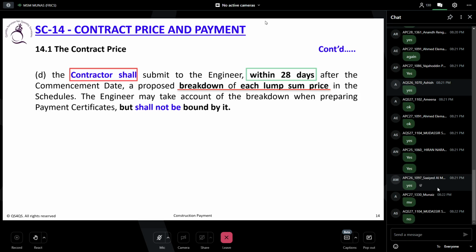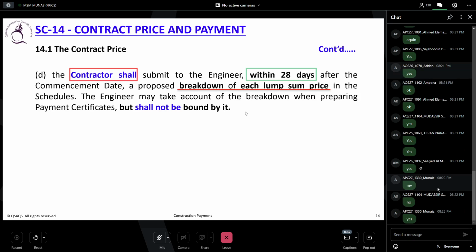It's remeasurable. Let's say you change this subclause for a lump sum contract, then 14.1D is acceptable. But if it is a purely remeasurable contract where there is no lump sum, then this is not an applicable subclause. Do you understand? The subclause is not applied for a measure and value contract where there is a rate breakdown.